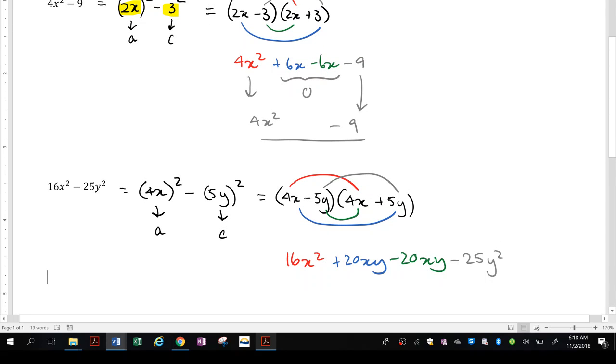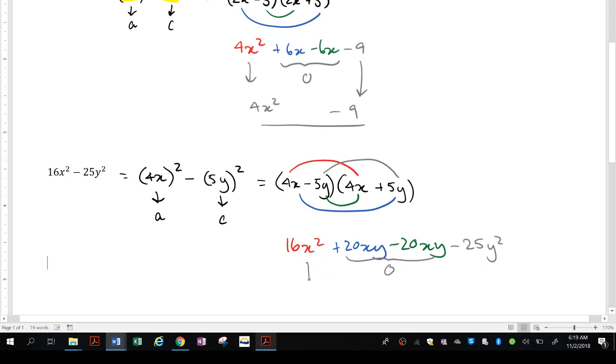Now here again, you'll notice that these middle two terms, plus 20xy minus 20xy, they cancel out. That just becomes 0. And we're left with 16x squared minus 25y squared, which is what we wanted. It's what we started with.